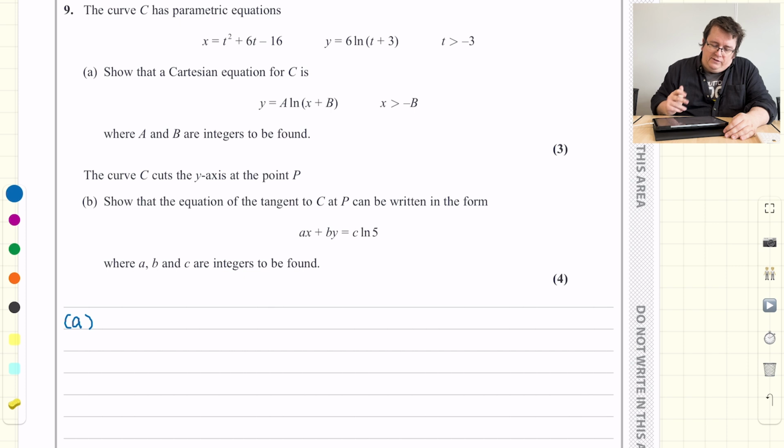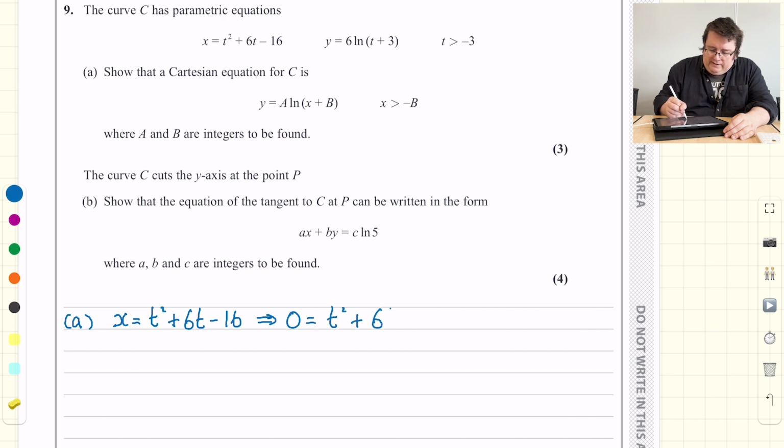So how am I going to get there? Because it's y equals, I need to get t in terms of x. So I'm going to start with x equals t squared plus 6t take away 16. Let's rearrange this to get 0 equals t squared plus 6t take away 16 take away x.